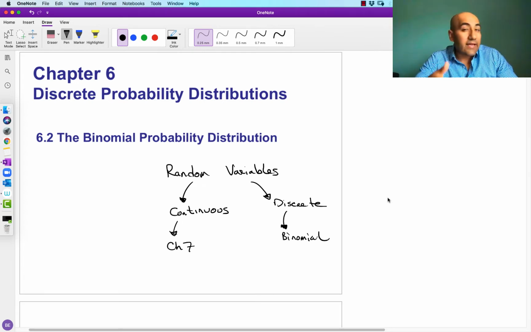There are also negative binomials out there, Poisson distributions, and others, but we are not going to study any of those in our class. We just have 2 things to focus on: the generic type, which is the larger umbrella of all discrete random variables, and a little subset of that, binomial distributions.